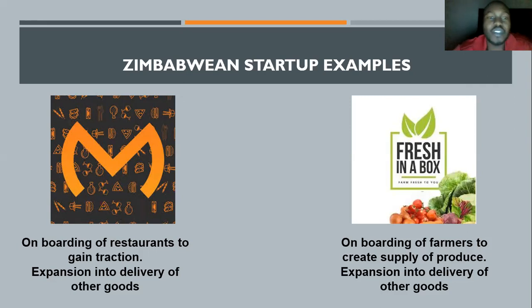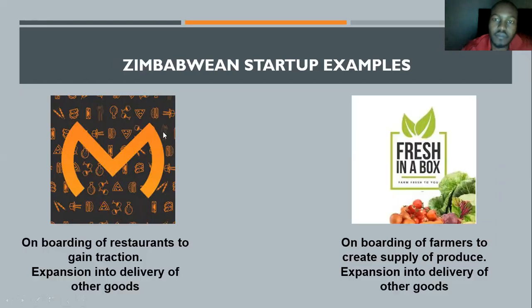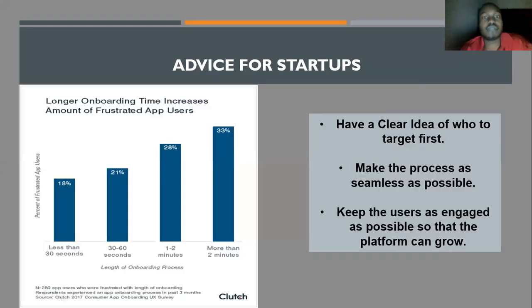Now they have Fresh in a Box, which is going to take it from farm directly to what? To consumer. And as they've started growing this business, they've expanded into delivery of other goods, you see. And as you can see, they're increasing their network.